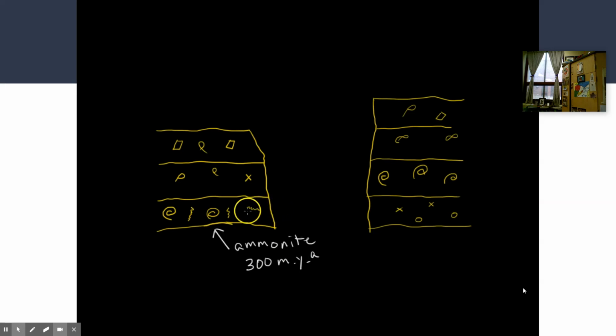Well, it tells us that this layer is about 300 million years old, and we can make an assumption that the fossils around that ammonite within that layer are also 300 million years old. In addition, the law of superposition will say that this layer is younger and this layer is younger than that. Okay, so that's the helpful part of finding an index fossil.